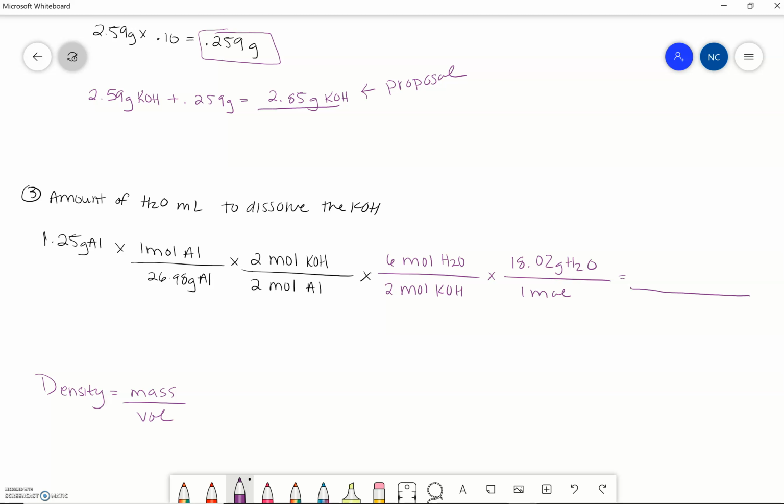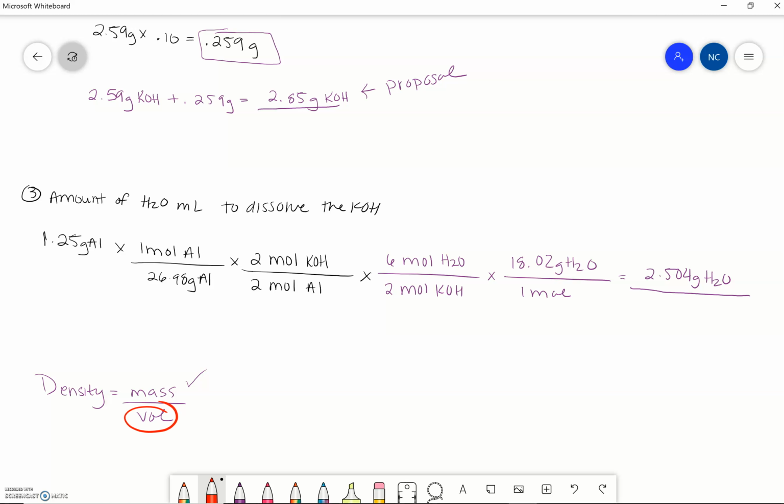And what value do you get there? You should get 2.504 grams of water.